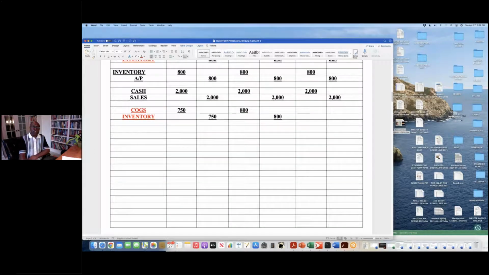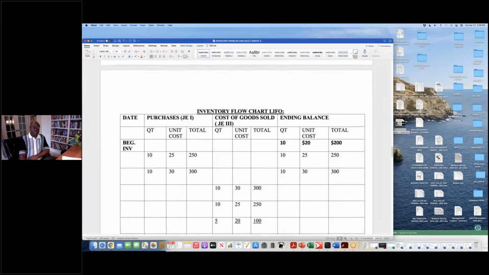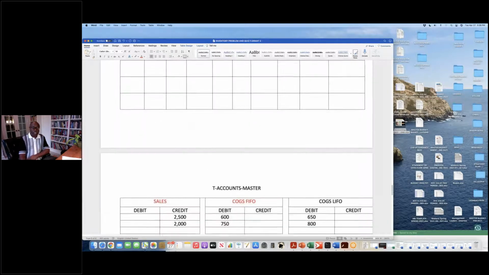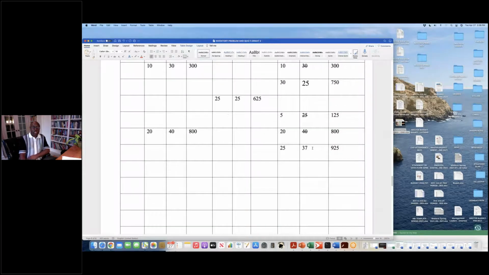And the only thing we're changing is this number here. So we go to weighted average, and we got a new weighted average of 37. So when we sell the 20, what's going to happen? It's going to be 20 times 37. I'm sorry, I meant 740. No, wait, I'm looking at the wrong number.